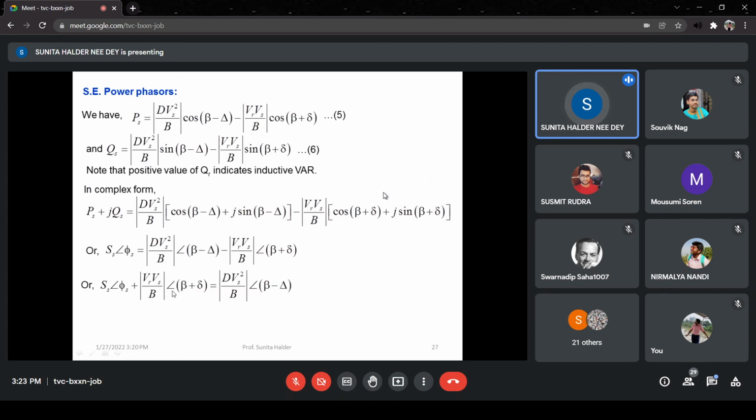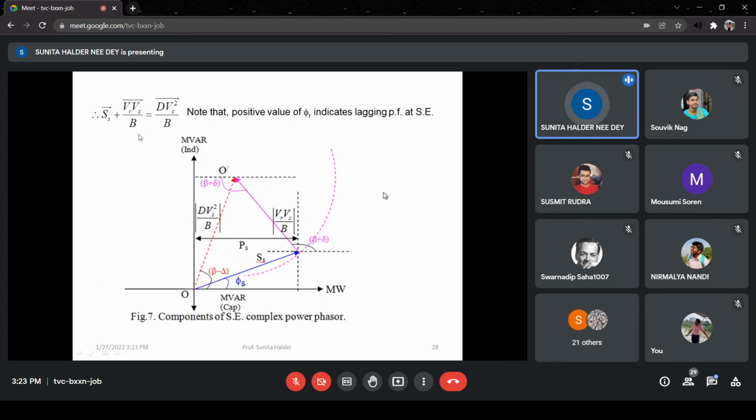So SS plus VR VS by B will be equal to dV square by B, right? And the angle of dV square by B is beta plus delta, because the horizontal angle is beta plus delta. Okay. So in that way, it can be justified.